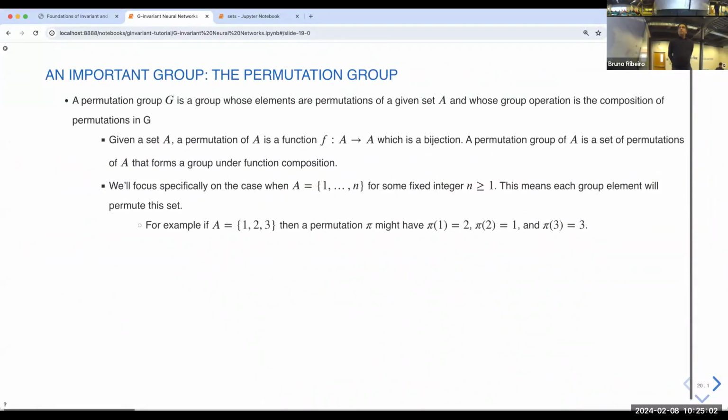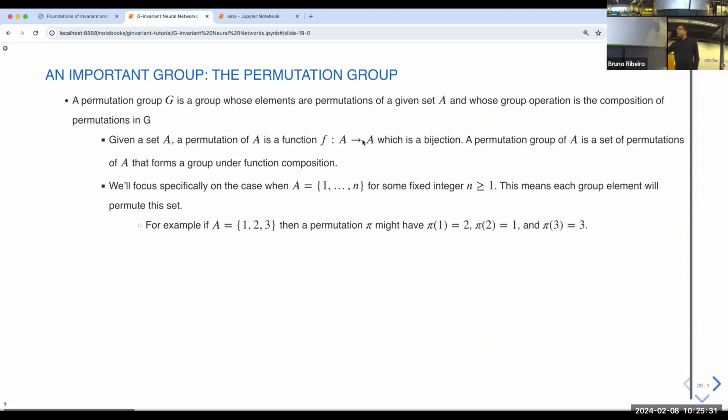And a very important group that we are going to spend a lot of the tutorial on later is the permutation group. A permutation group is a group whose elements are permutations of a given set A, whose group operation is the composition of the permutations in G. So given a set A, a permutation of A is a bijection, okay?